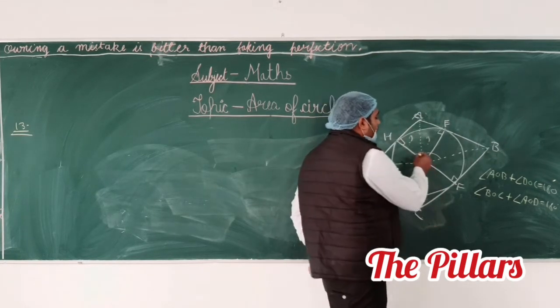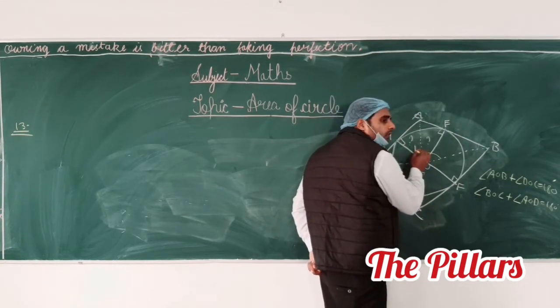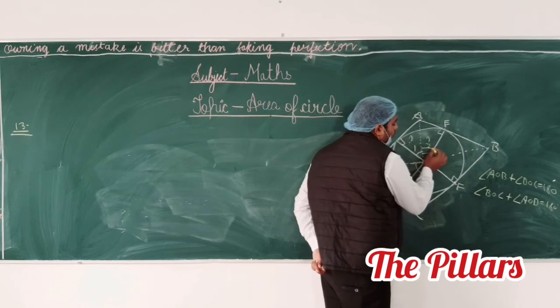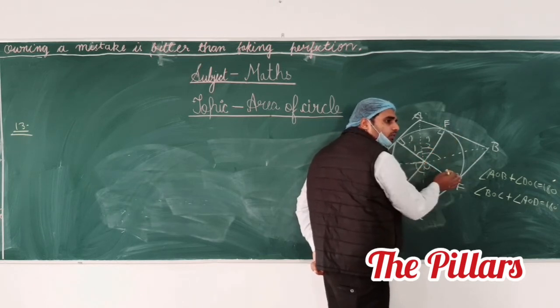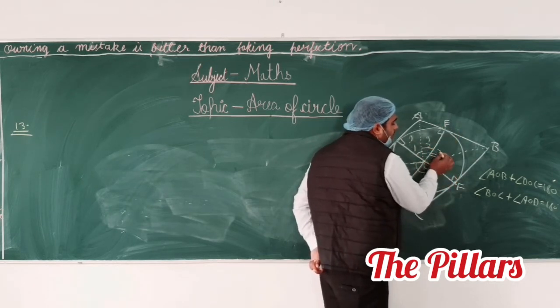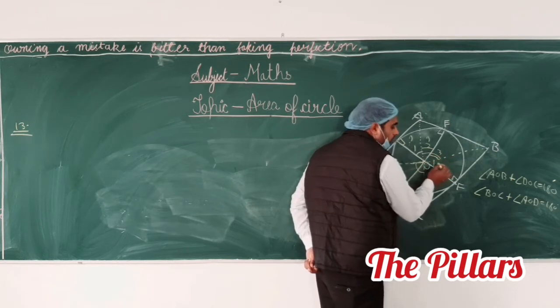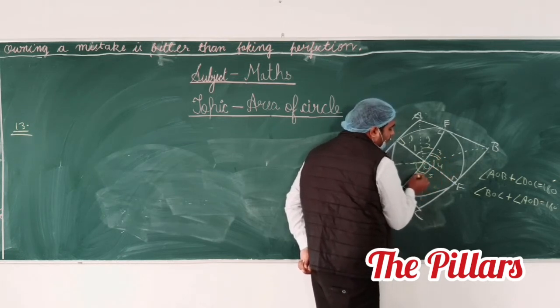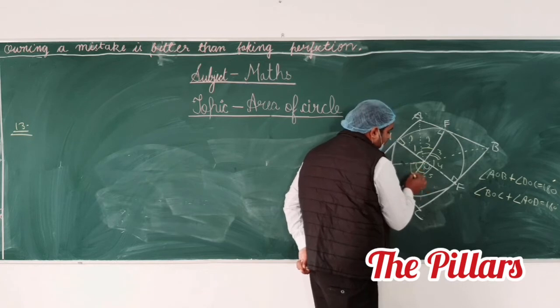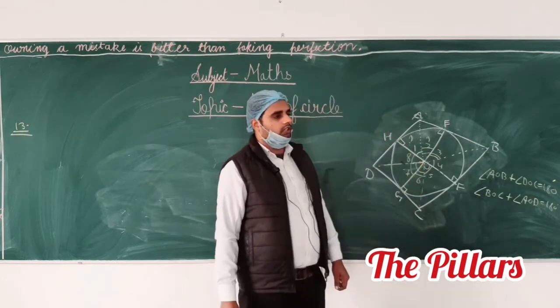Now you have to start marking the angles. Suppose this is your angle 1, this is your angle 2. Similarly for the next triangle, we use this property: angle 3, angle 4. Similarly here angle 5, angle 6. This is angle 7 and this is angle 8. Now you start solving the question.